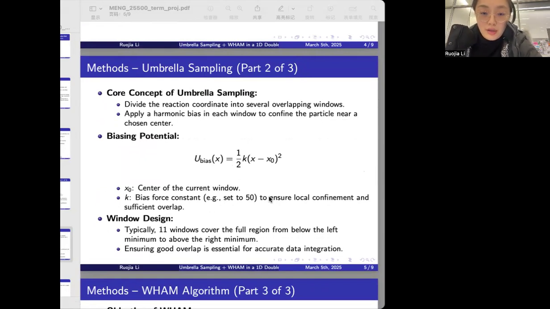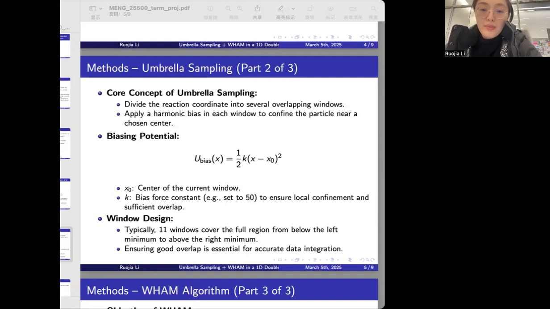And then I simulate each window separately, collecting histograms of the particle's position. This ensures I get ample data from regions that under unbiased conditions might be visited only rarely or not at all.